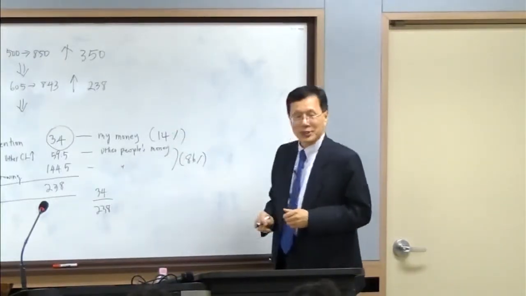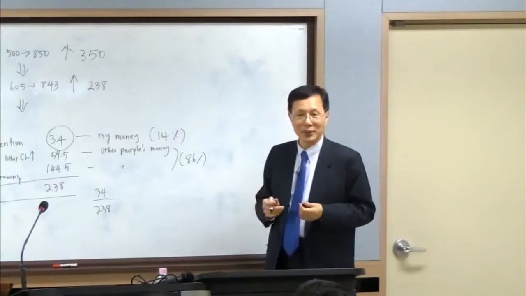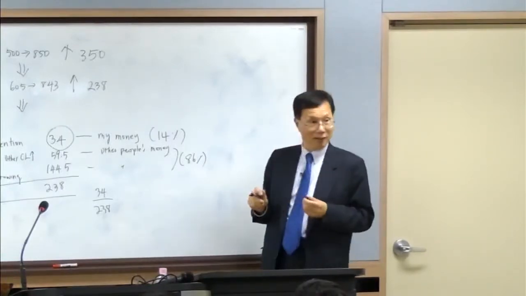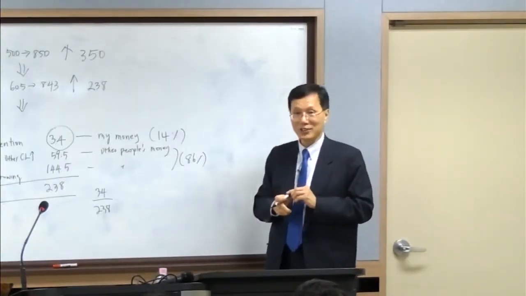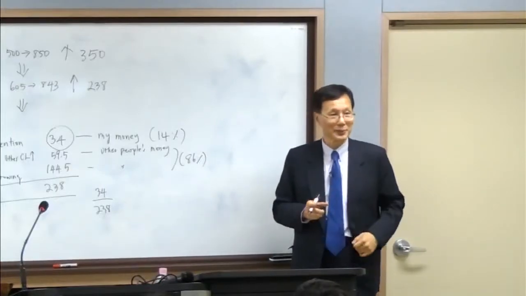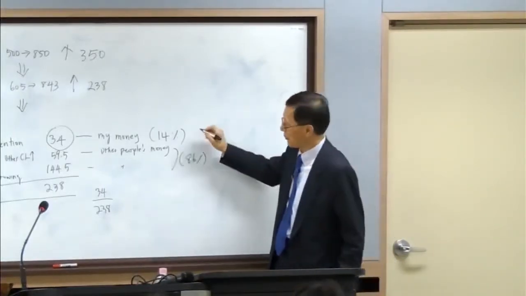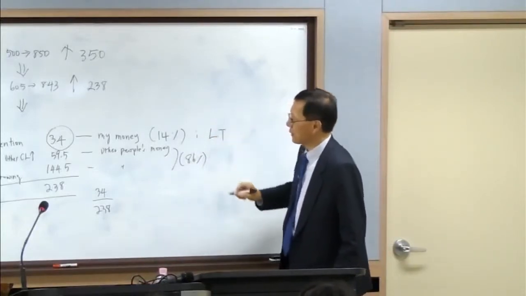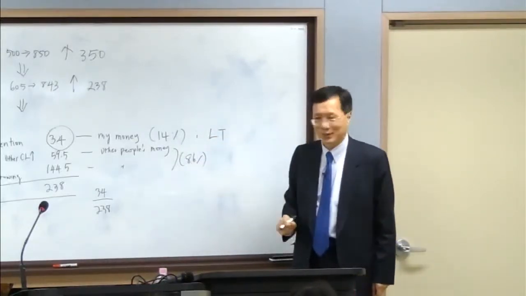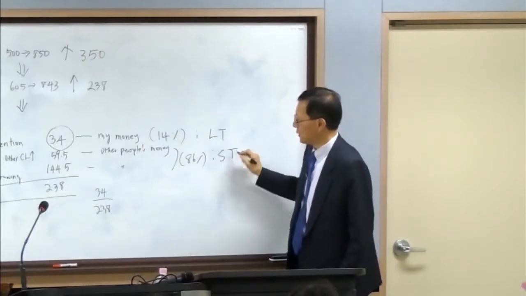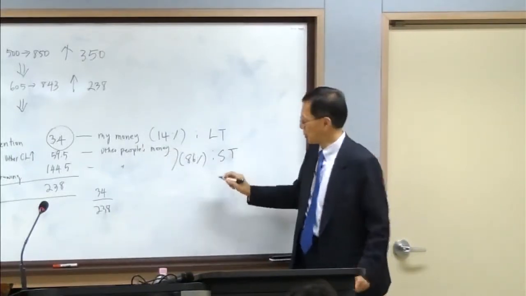Earnings retention, is it a long-term money or short-term money? Retained earnings, is it short-term or long-term? It's long-term. Equity is a long-term financing, so long-term. Current liabilities, that's short-term, right? Borrowing, that's short-term.